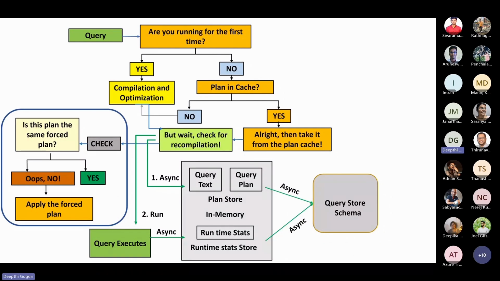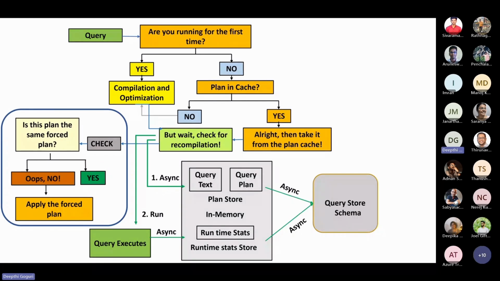you can use Query Store. Once you enable it, remember it is a database level feature, not a server level feature. You need to turn on Query Store on every single database that you would like to gather information for.